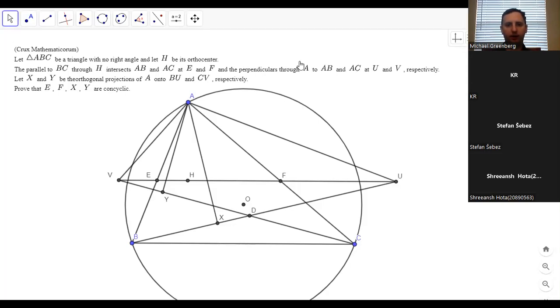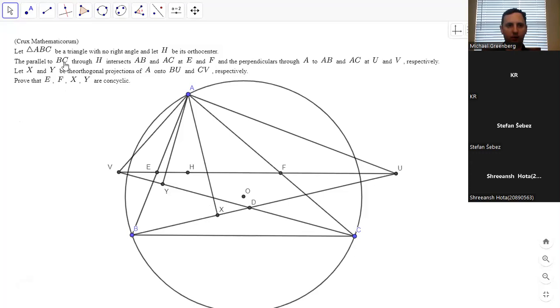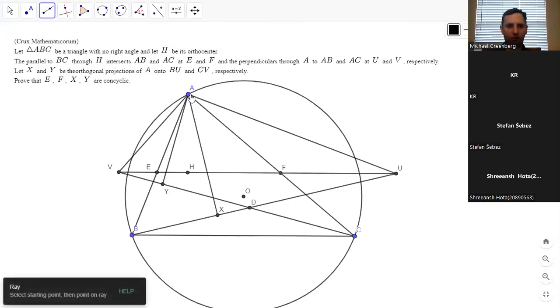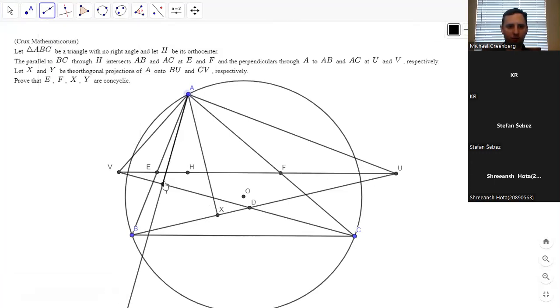Let AX intersect the circle at T, and similarly for AY. Let me shrink the diagram a little bit.